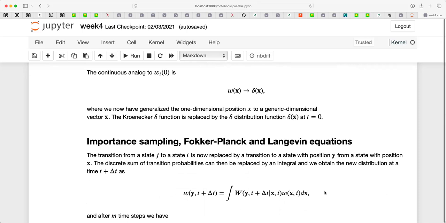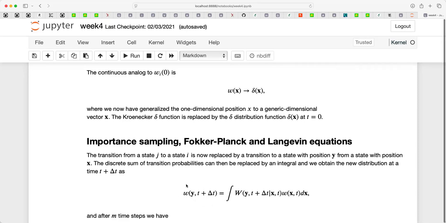So the way you would look at this when you do a continuous calculation with a continuous distribution is that you have your probability distribution, which depends on time. And then you make a step from x at the time t to y at the time t plus delta t. So this is an extension of what we did previously, where we assumed that w here was time independent.